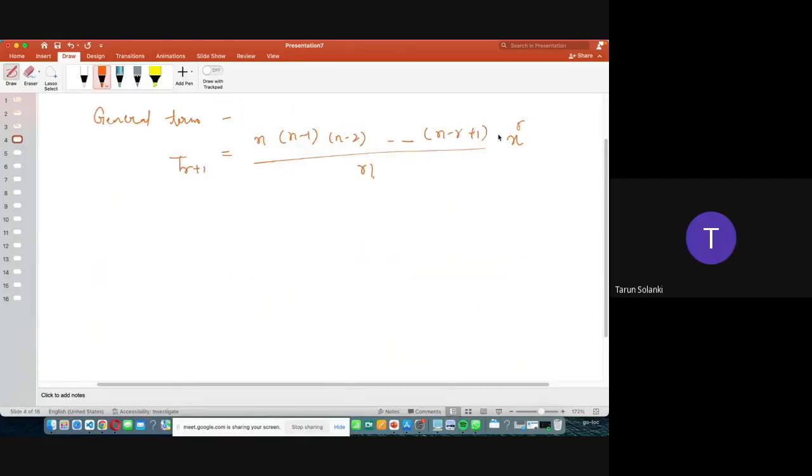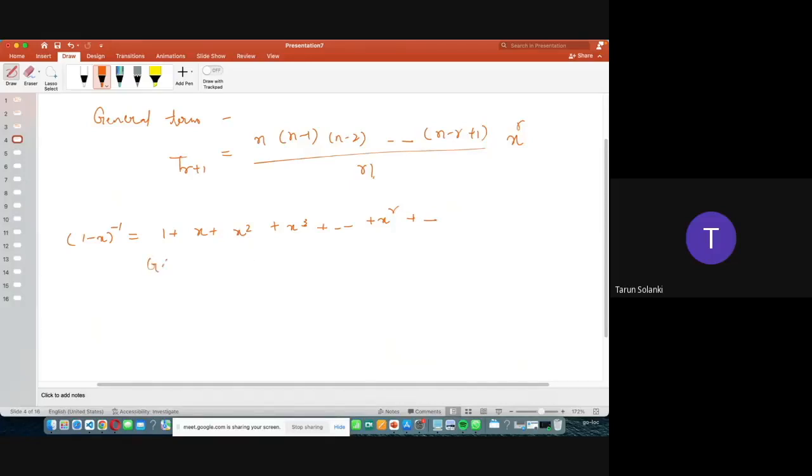Now we can write the expansions. We'll start with (1 minus x) to the power minus 1. That becomes 1 plus x plus x square plus x cube, and this goes up to x to the power r.